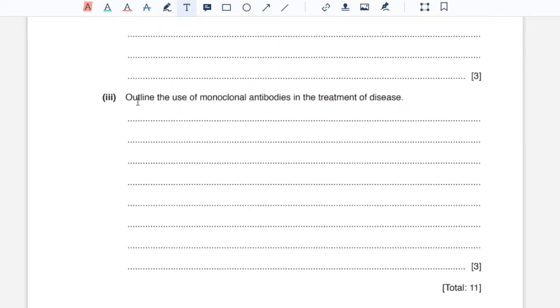Outline the use of monoclonal antibodies in the treatment of disease. Monoclonal antibodies, like any antibodies, are specific to particular antigens, so they have antigen binding sites in the variable region that are complementary to the shape of the antigen that they want to work against.